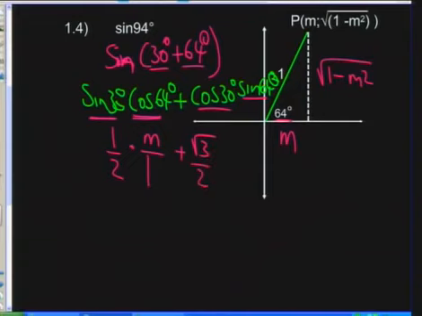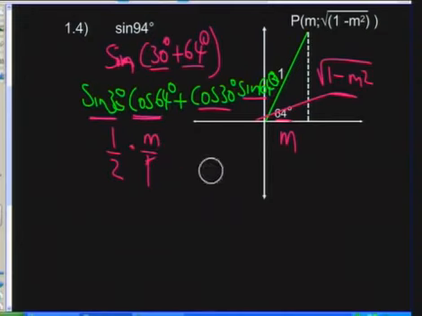And sine 64 is opposite over hypotenuse. This is my opposite. Okay, opposite over hypotenuse.